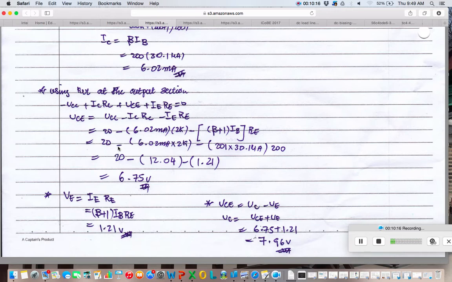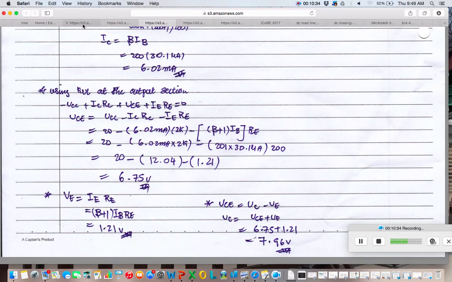Here we can see that what Rahim did is do it one by one: 20 minus ICRC minus IERE. So the result yielded is 6.756, something like that.